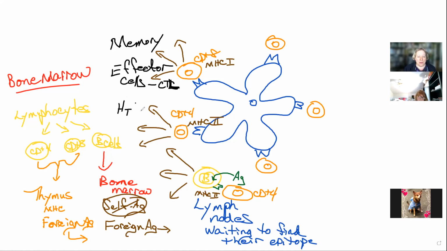Okay. We've got helper T1, we've got helper T2, we've got helper TRs. Okay, we've got a whole slew of different jobs that your helper T cells can do. Okay, so we'll go ahead and put some of these just so that you know that their main job is to go out and talk to other cells. Okay? And then B cells, the effector cells of B cells are plasma cells. Okay? All right, how are we doing so far?